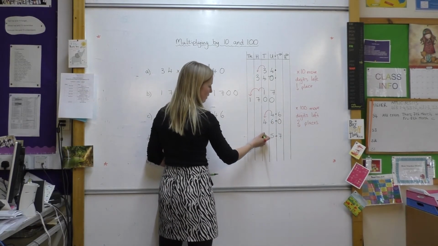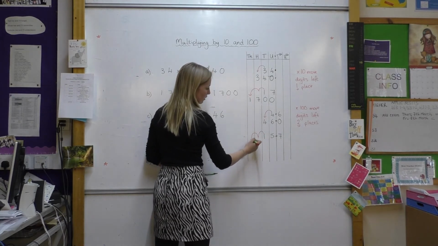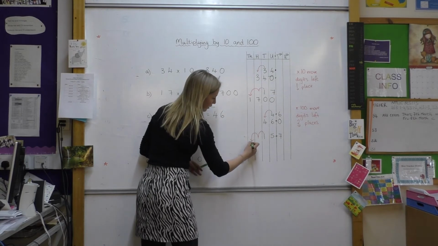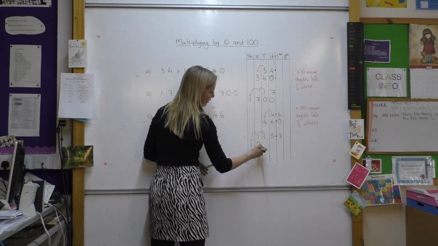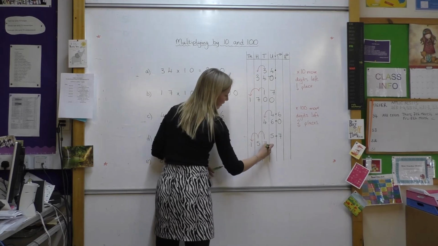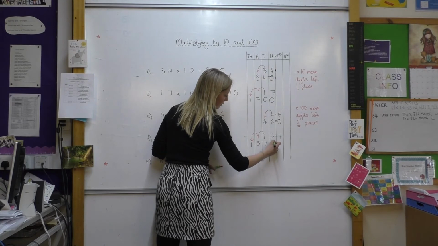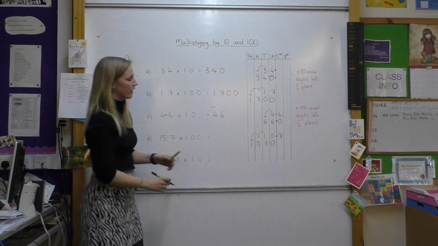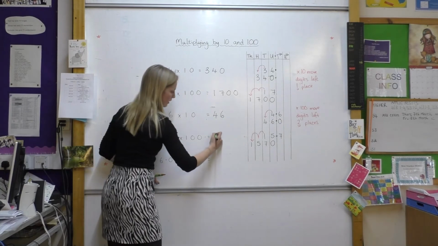Take my 10, move it into my hundreds, and then my thousands column. That's going to be 1 in my thousands, 5 in my hundreds, and 7 in my tens column. We then have to put our 0 to hold place, giving our answer of 1,570.